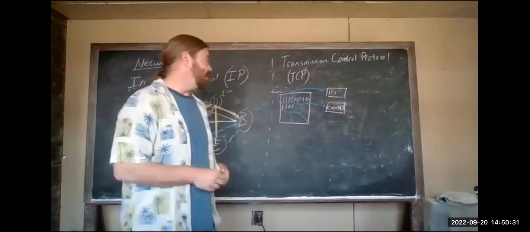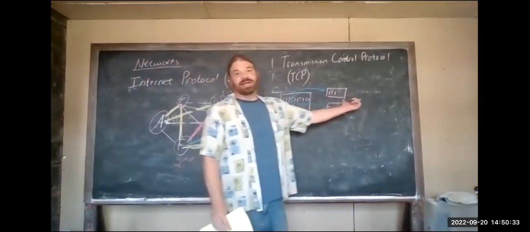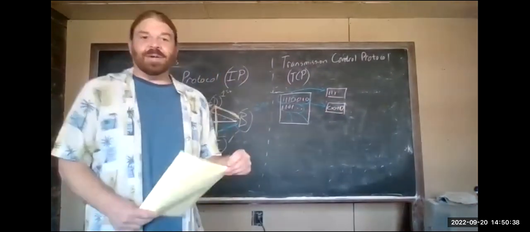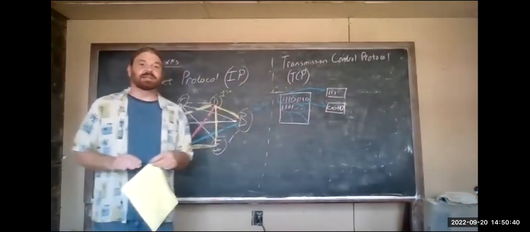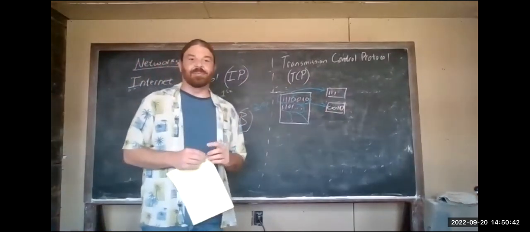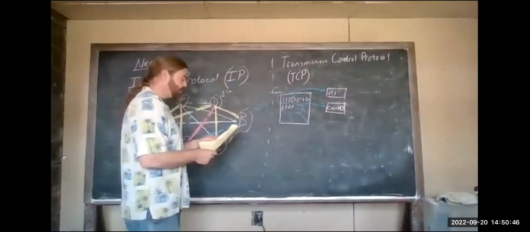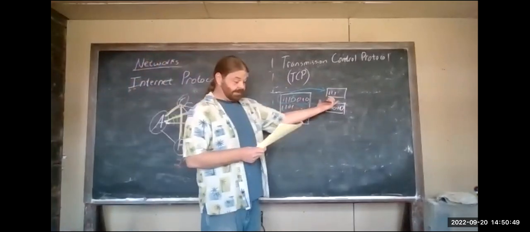The whole time the machines are in the background saying, oh, something went wrong, send it again. Probably based off the little checksum bits. Everything was supposed to add up to an even number and an odd number came in. So we know something went wrong. So we have that error handling.